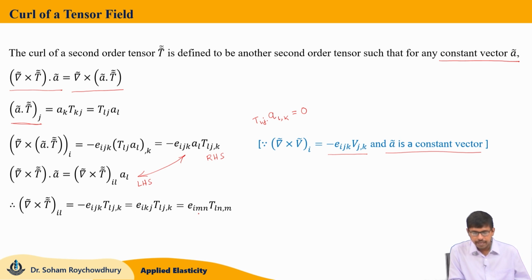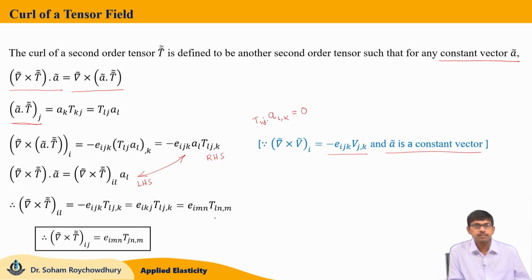Changing the names of the dummy indices k to m and j to n, we can write this as e_imn T_Ln,m. So, the ij component of curl of T is e_imn T_jn,m. Through this, the curl of a tensor field is defined, which is another second order tensor.